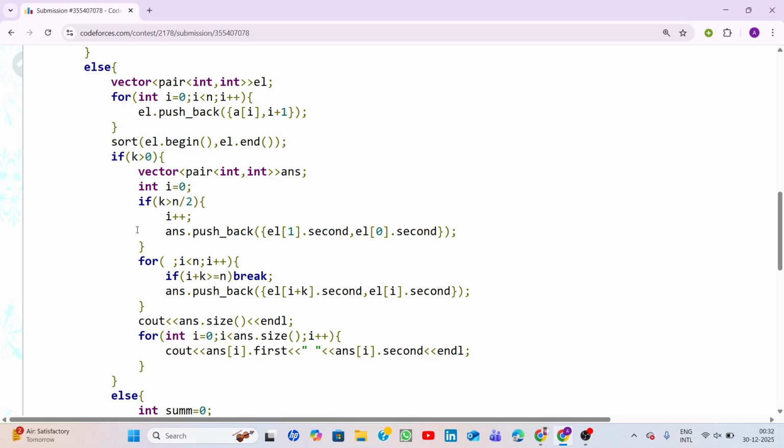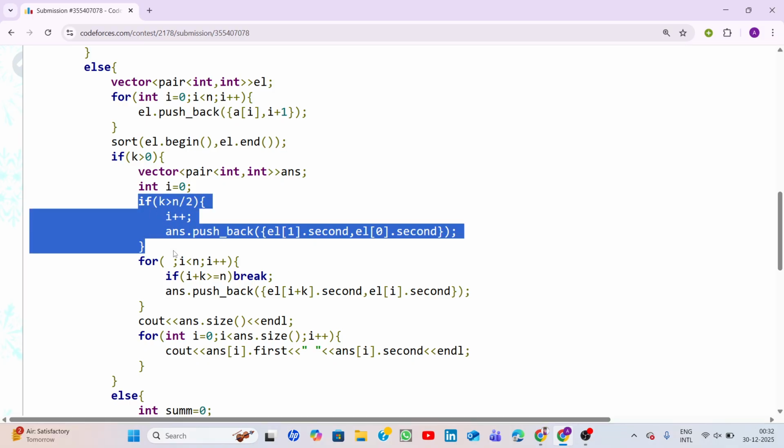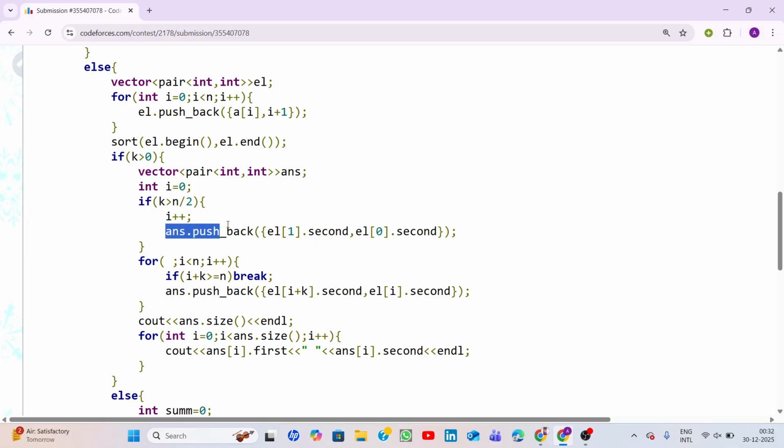Here what I am saying is, suppose odd elements are present. Okay, so we would just print the el i dot second and el 0 dot second. Suppose 5 is present and we want two elements to be present.